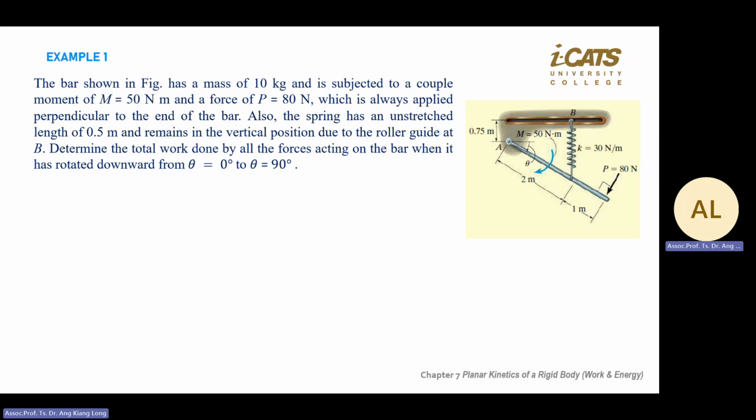You get this displacement. So you have the displacement. What is work? Work done by P will be force multiplied by the perpendicular distance. Force is given as P. So P multiplied by this distance, you get the work done by P.